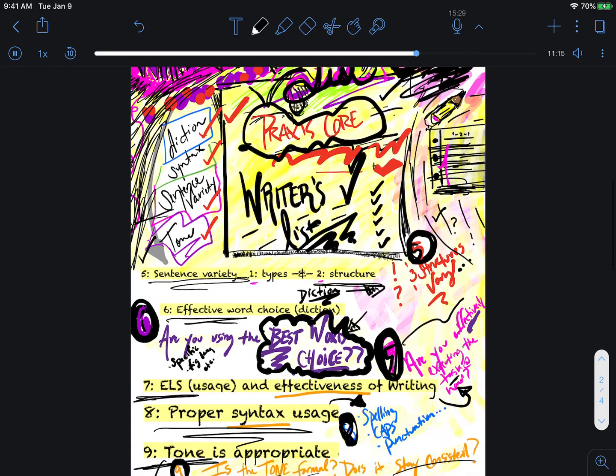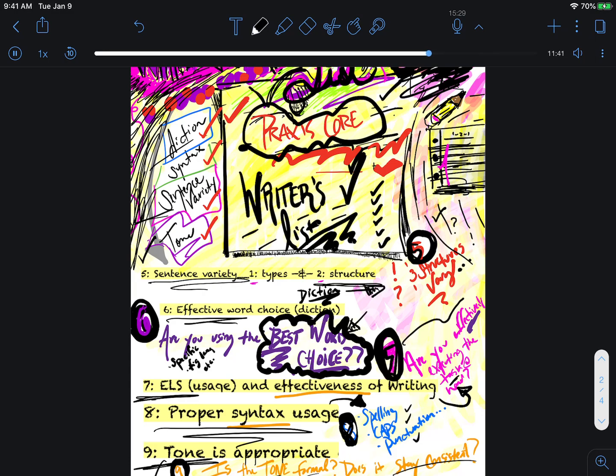So that's in punctuation. That is also how you place words in a sentence according to the part of speech that it is. And it also includes capitalization errors. So diction, word choice, that we just spoke about in number 6, is a little bit more loosey-goosey.